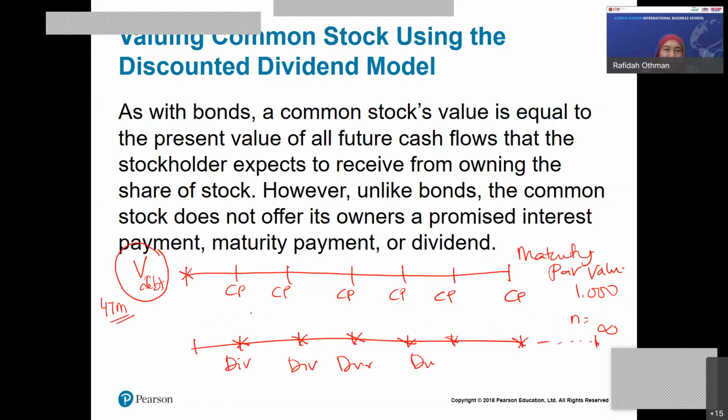So what we can expect is the next dividend. How to find the value for common stock is by looking at the next dividend. We are using the dividend discount model, where we assume that there is a growth in the dividend. Let's see the formula for this.